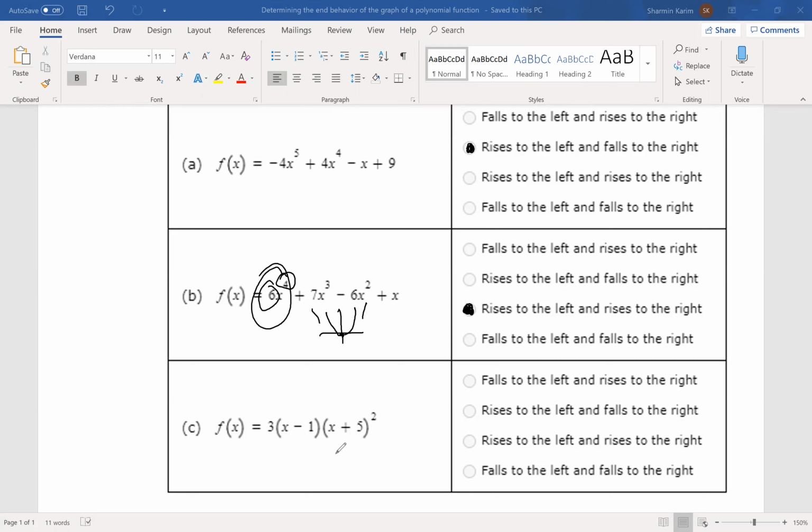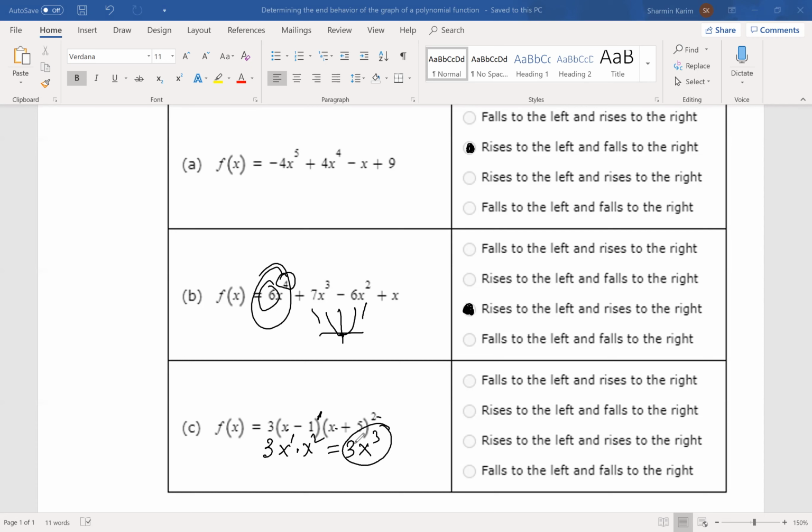Now, third one, we have to figure out the leading term. They didn't give it to us. So we have a 3. This x has exponent 1, so x to the power 1. And this has exponent 2, so times x squared. So if we figure out the leading term, we get 3x to the power 3, so 3x cubed.